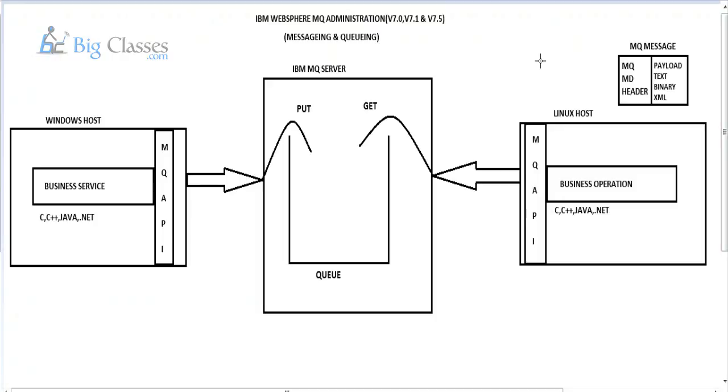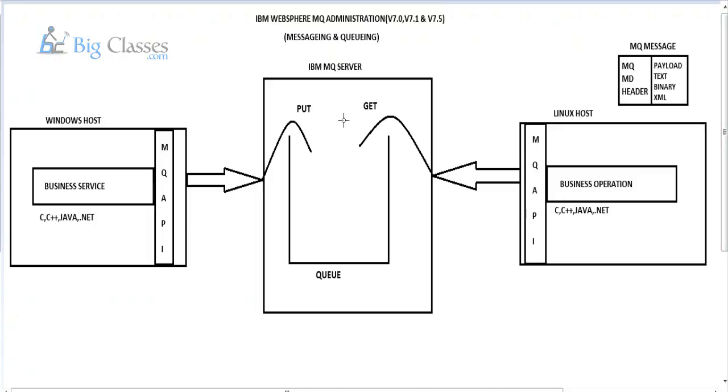It is an integration engine. It integrates distributed applications irrespective of the platform, programming language, and protocol by providing an interface, MQ API. It is also known as a store and forward mechanism with assured delivery.